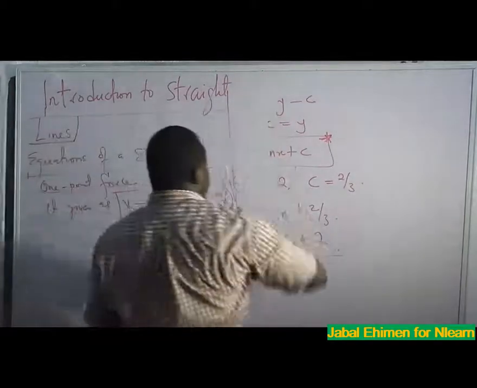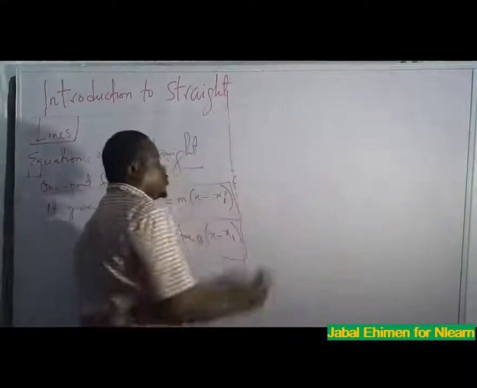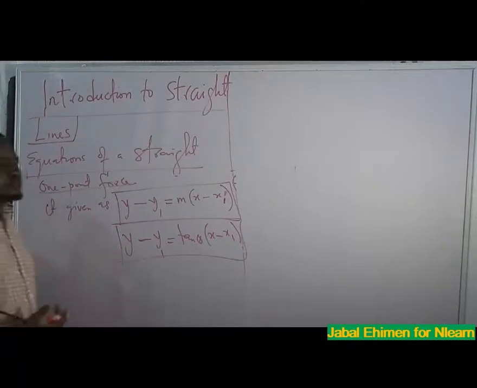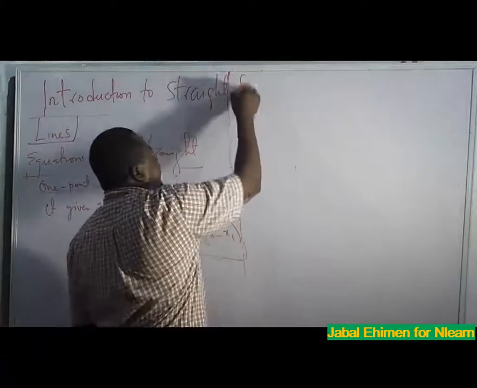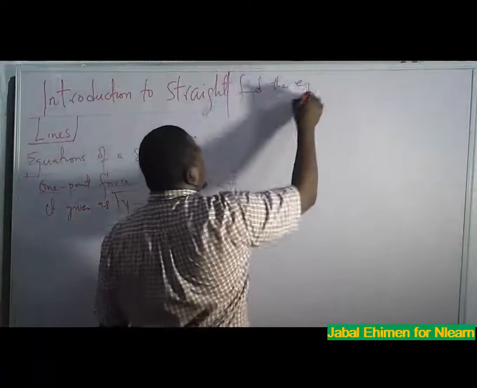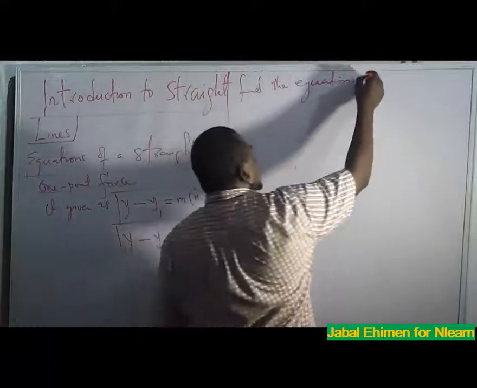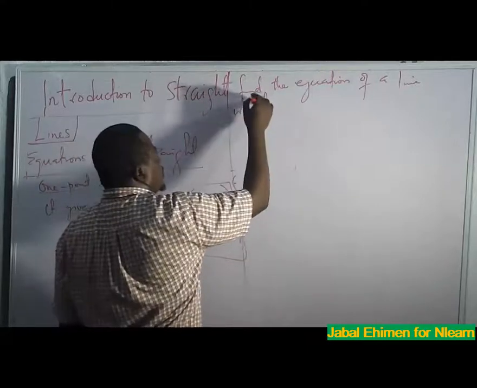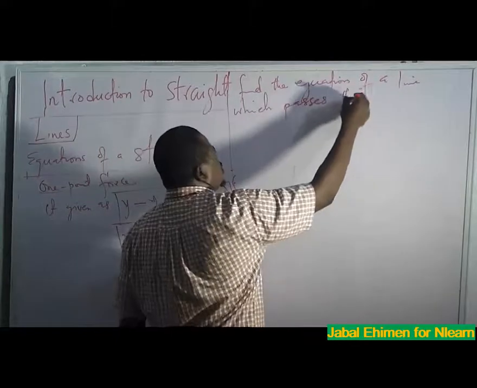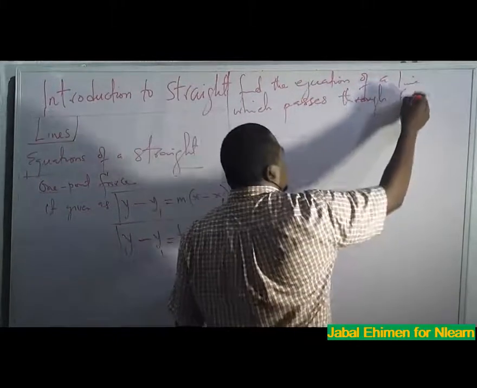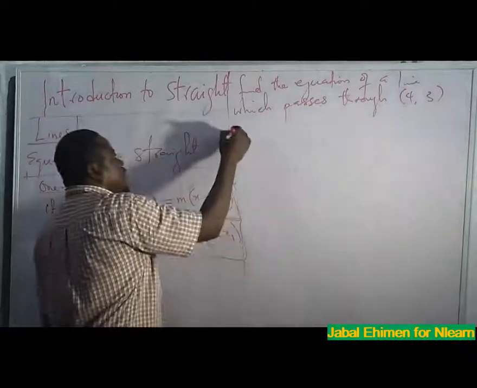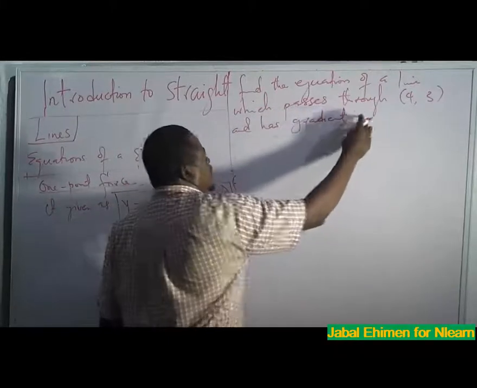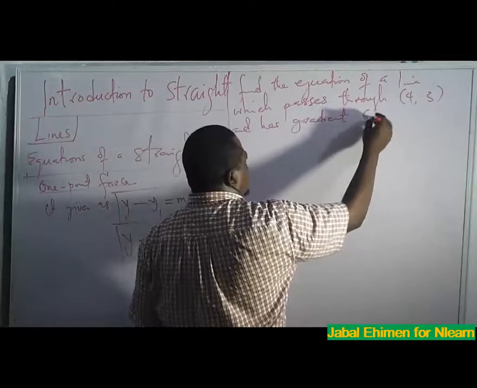So from there, if you are given an example, for example, you are told to find the equation in one-point form, maybe find the equation of a line which passes through (4, 3) and has gradient 6.